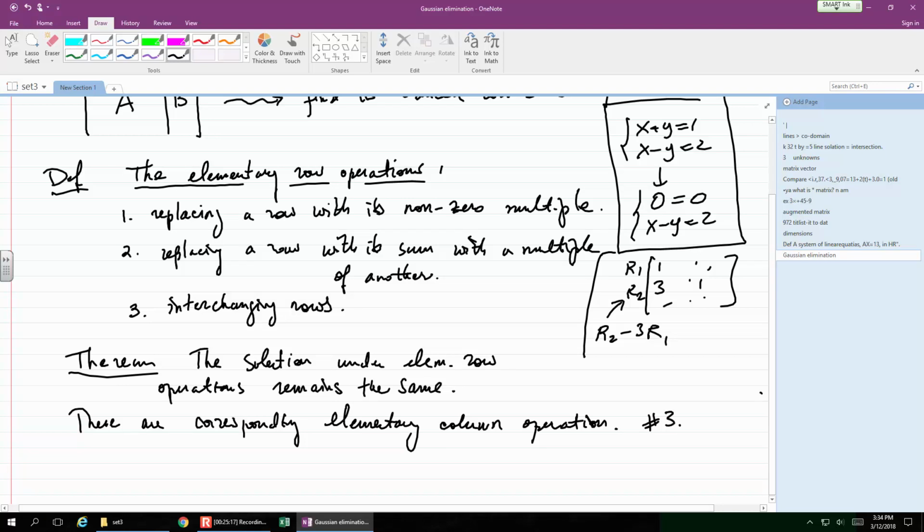Interchanging columns. What does it do? It only interchanges the location of the variables, right? So as long as you remember that you have changed the order, you are okay. It is convenient sometimes. If you're solving an equation, then feel free to interchange things, because maybe you already have a leading one in the last column, so you want to make it a leading one by moving it forward.